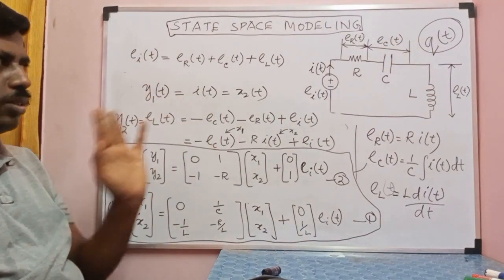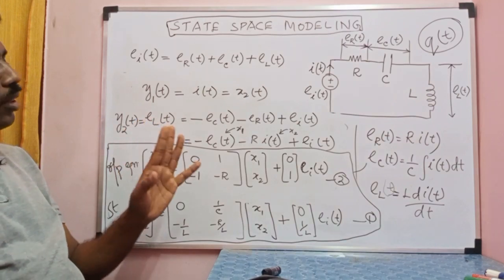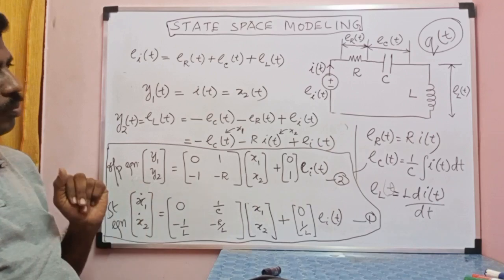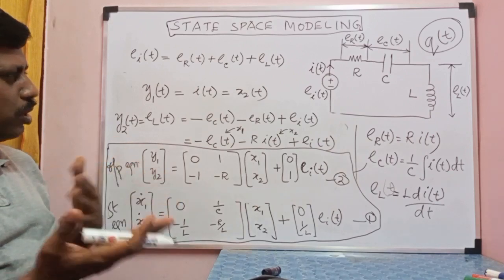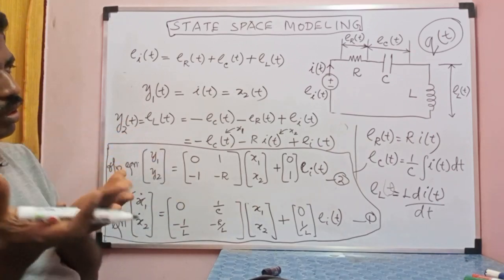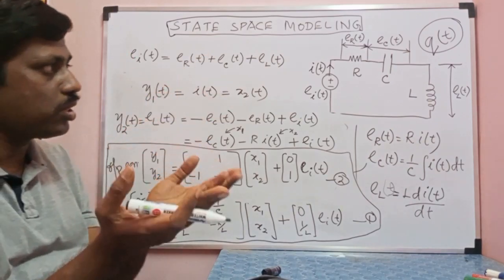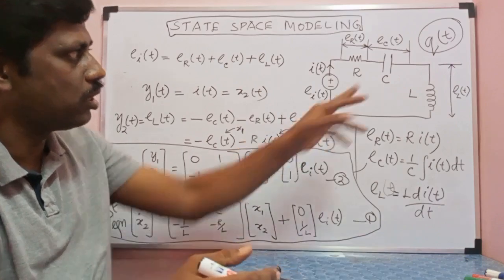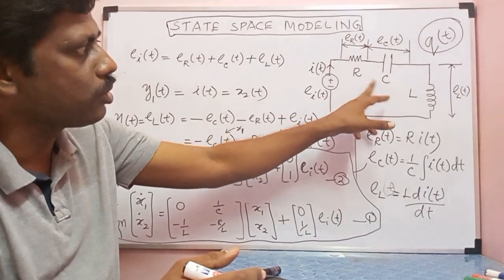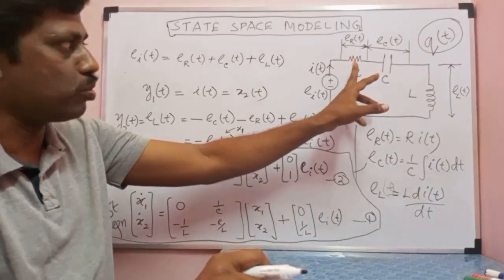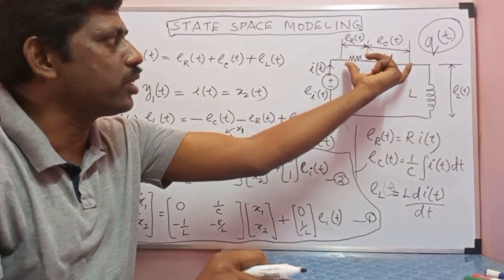That is also a very good choice. You can try and see what changes in the equations. The output also depends on your choice: you can take either one of the state variables as output, or some combination. Say, the voltage across the resistance and the capacitance, you can take as an output.